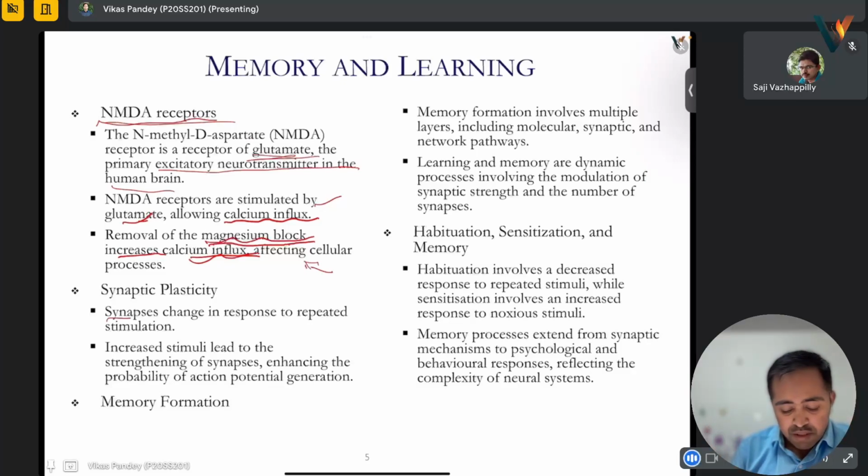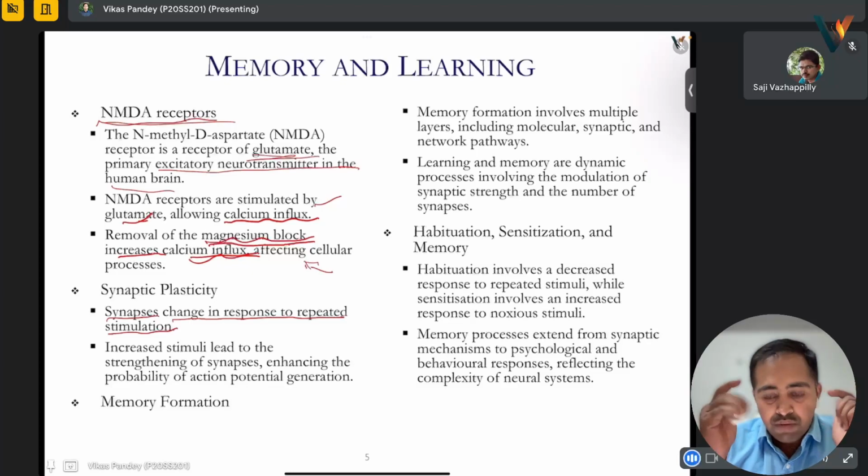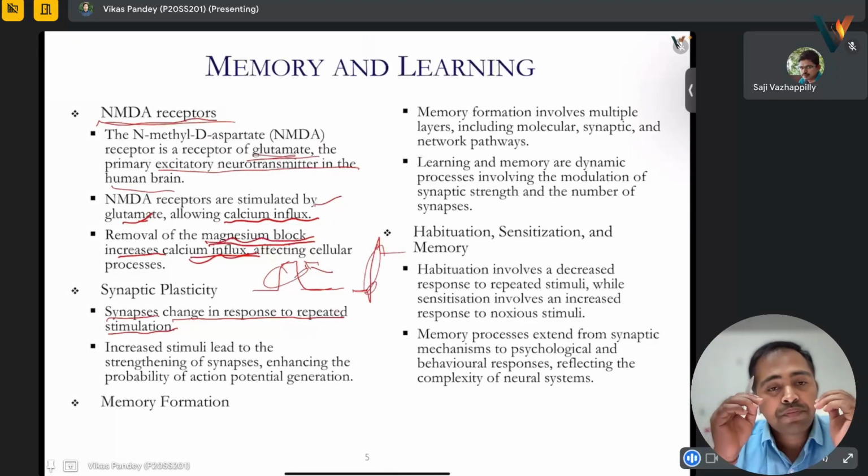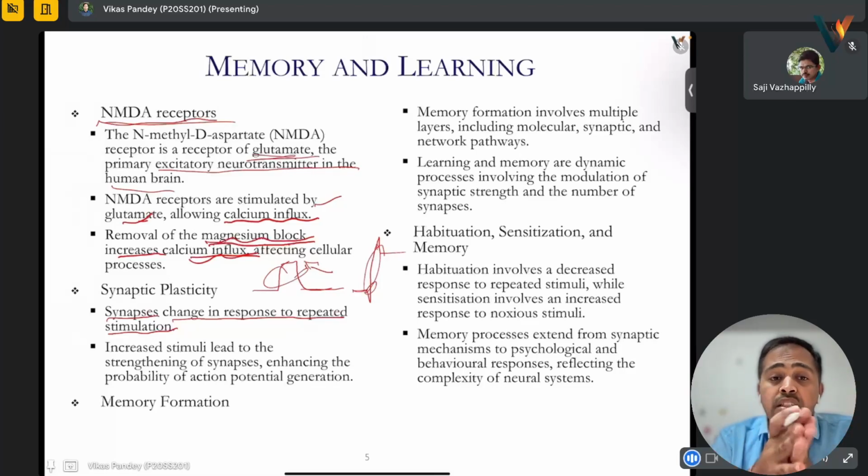Synapses change in response to repeated stimulation. So we have learned about action potential, right? There was an action potential, a complete action potential, and the action potential was due to a stimulus.